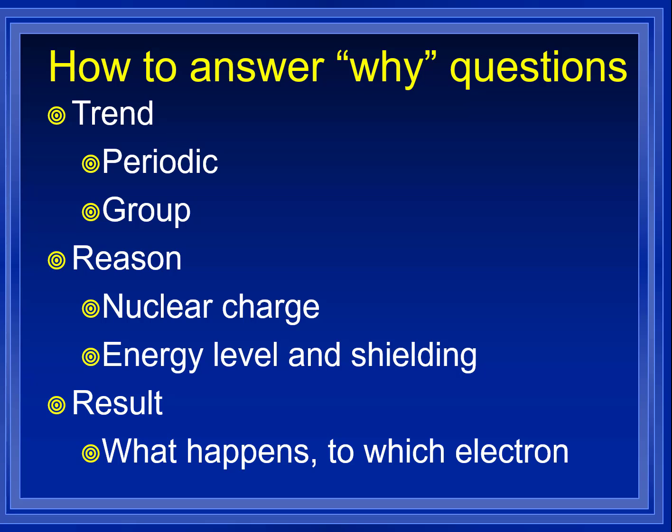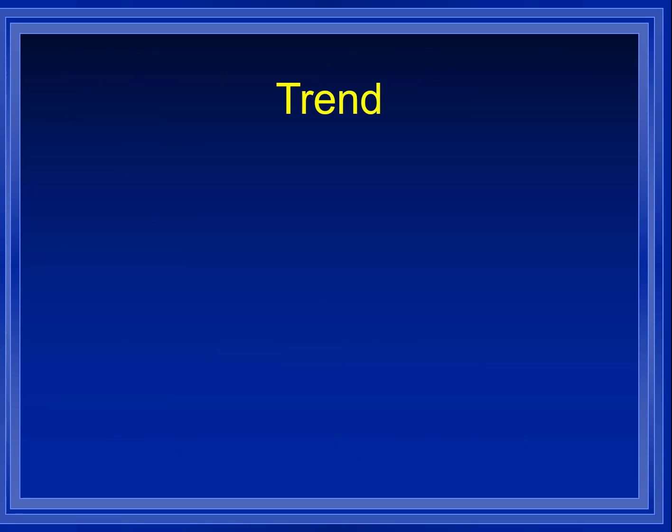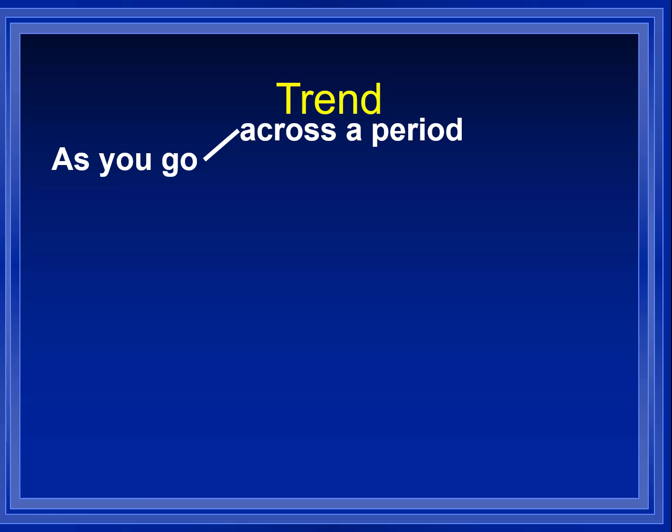So this is what it could look like. The trend could be either as you go across a period or you go down a group. Those are two possibilities. Across a period means left to right, down a group. So you're talking about which direction you're moving.